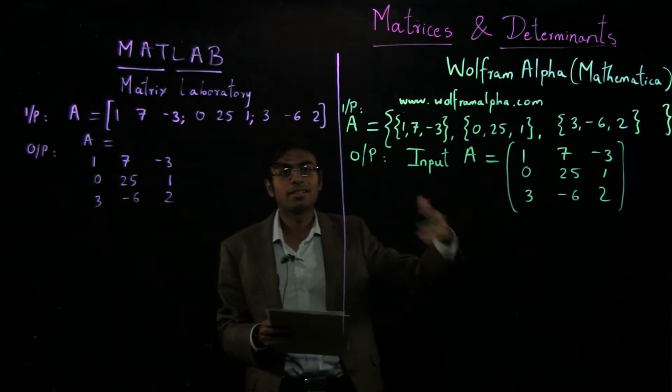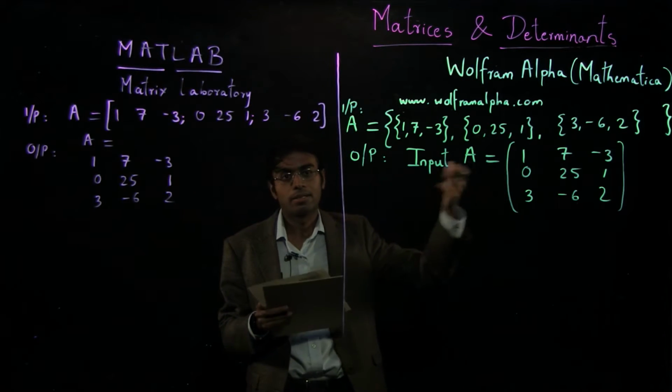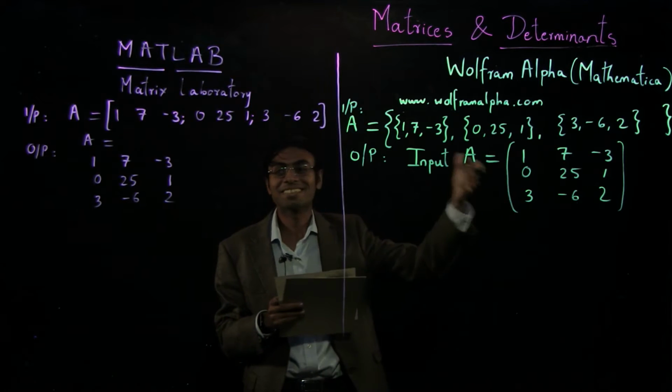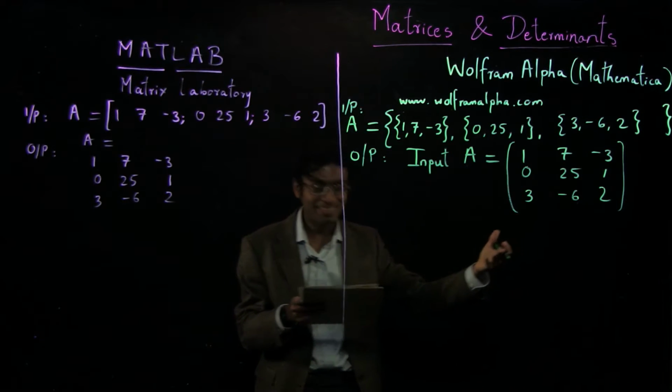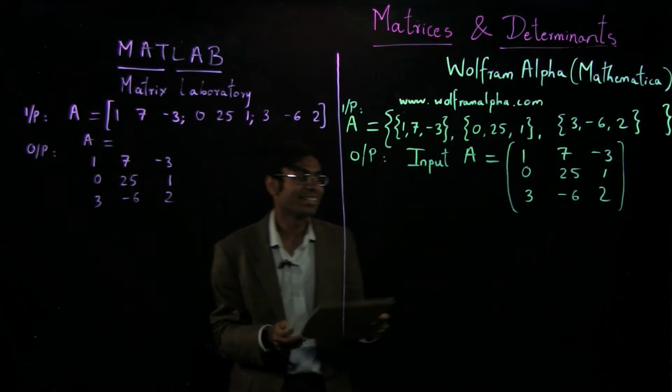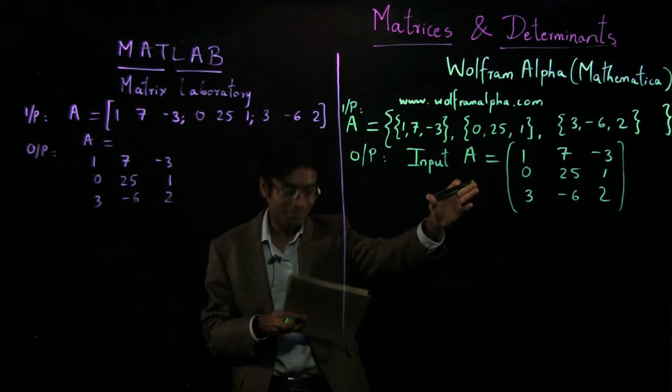But Wolfram Alpha kind of read my mind, and it knows that the next thing that I'm going to ask it to do is to calculate the value of the determinant and help me find the inverse of this matrix.